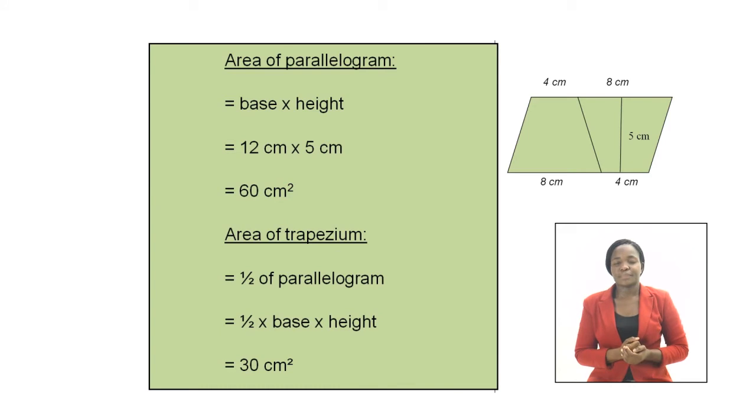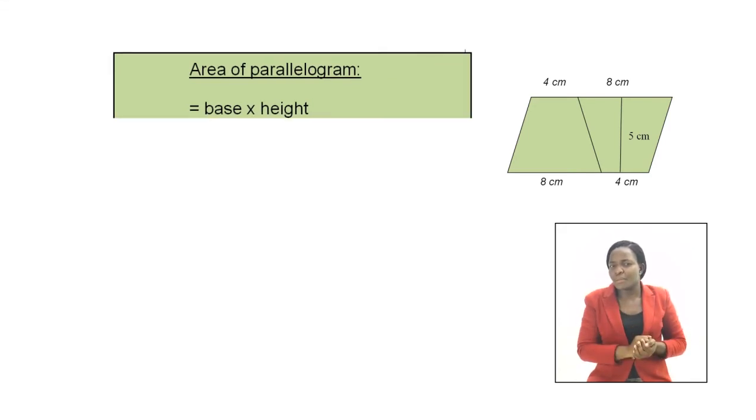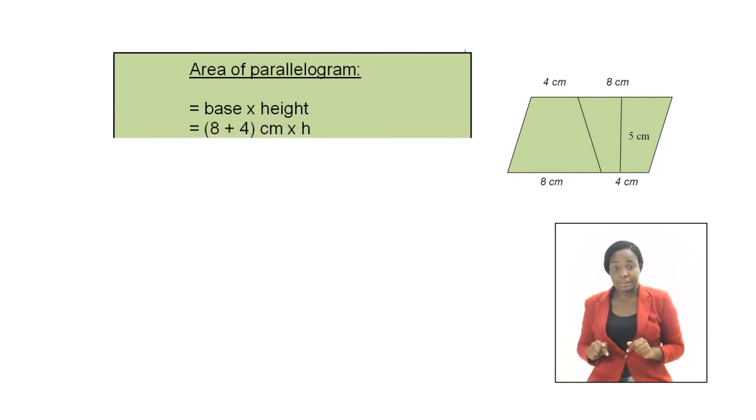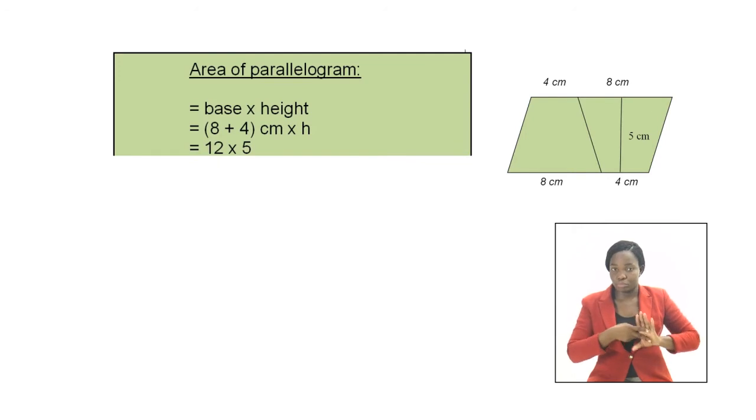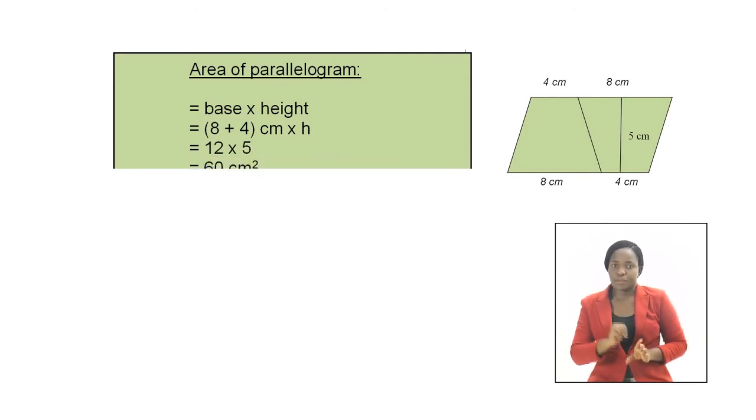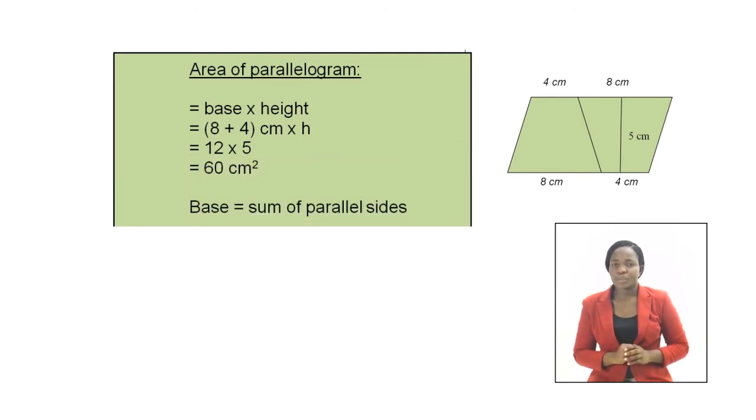Let's think. The formula for the area of a parallelogram is base times height. Now, the base of the parallelogram is 8 centimeters plus 4 centimeters, which gives us 12 centimeters. In the formula for the parallelogram, we had base times height.